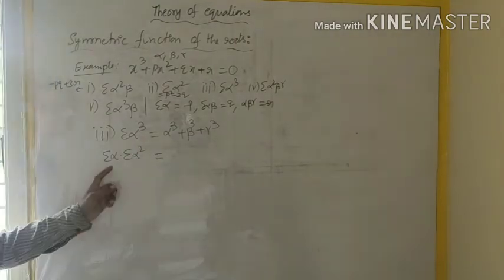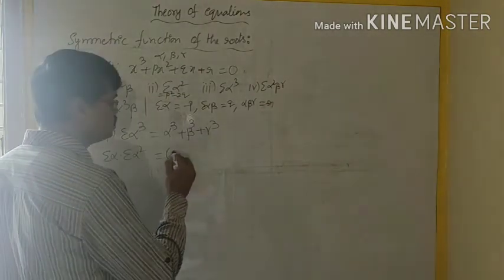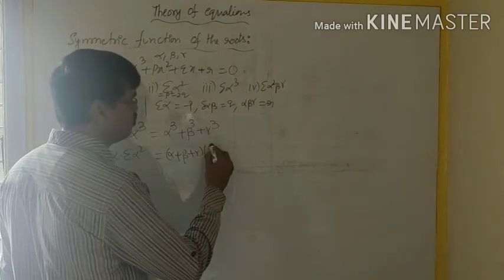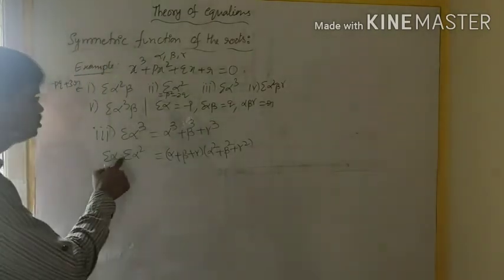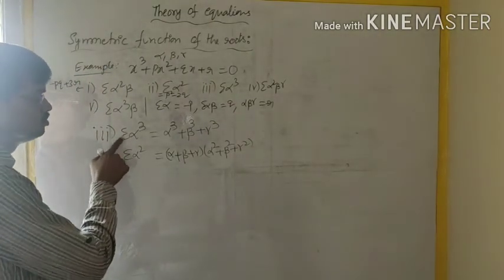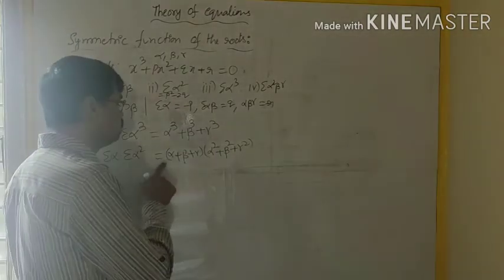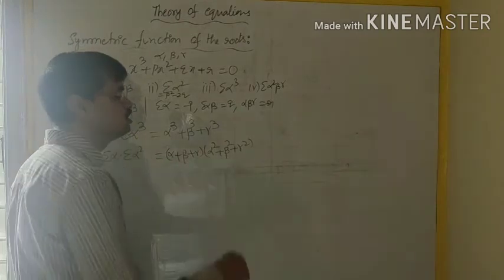Sigma alpha is alpha plus beta plus gamma, into alpha square plus beta square plus gamma square. Remember that these two are not equal.